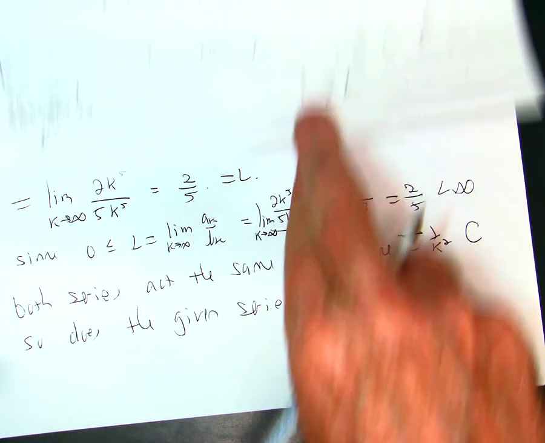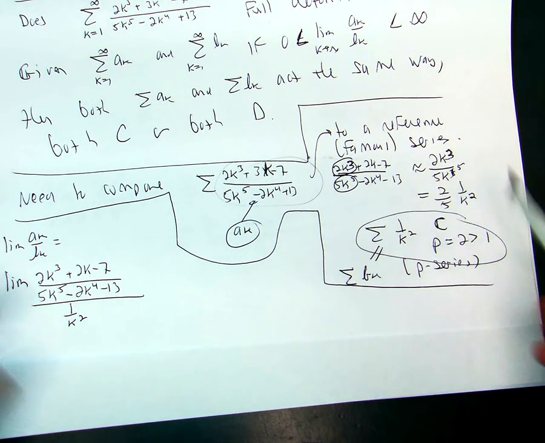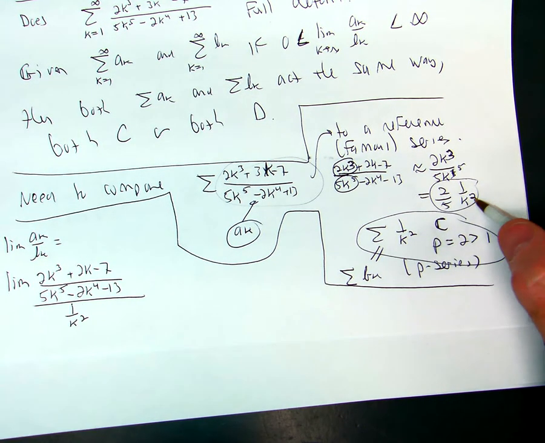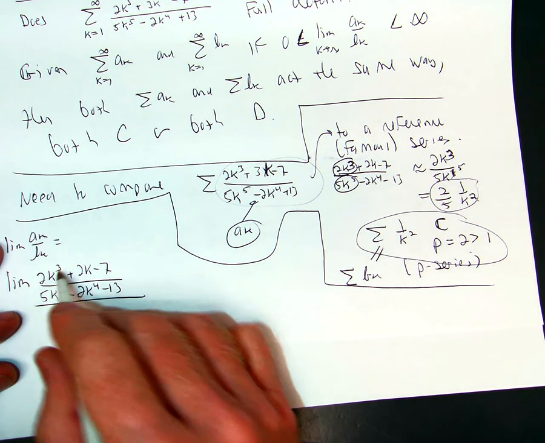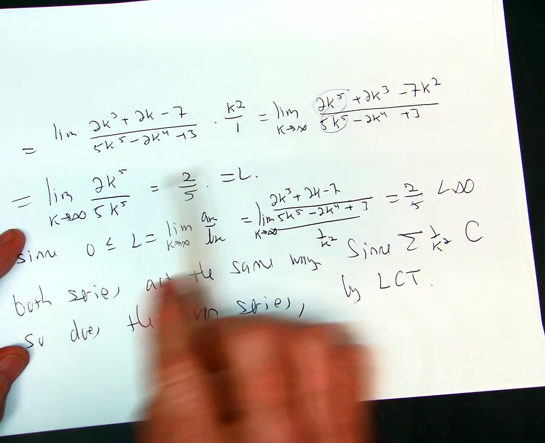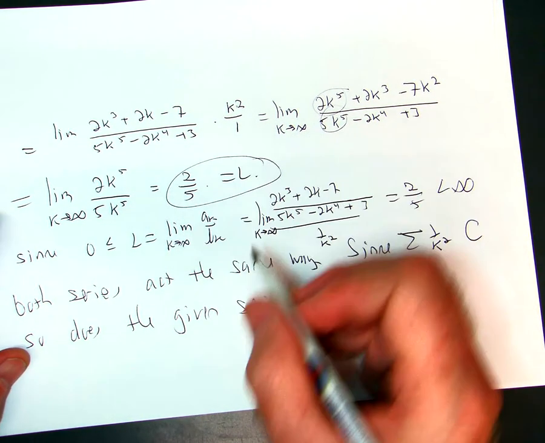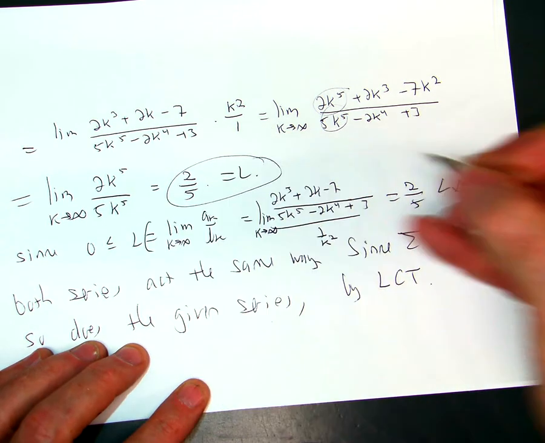So quick review. Given this series, I figured out that it was going to be very comparable to 1 over K squared, which converges. So I take this limit, AK over BK, is this. After some algebra, I simplify it and I get 2/5 as my limit. And so I'm saying since my limit, I don't really need to write this, you can just write that.